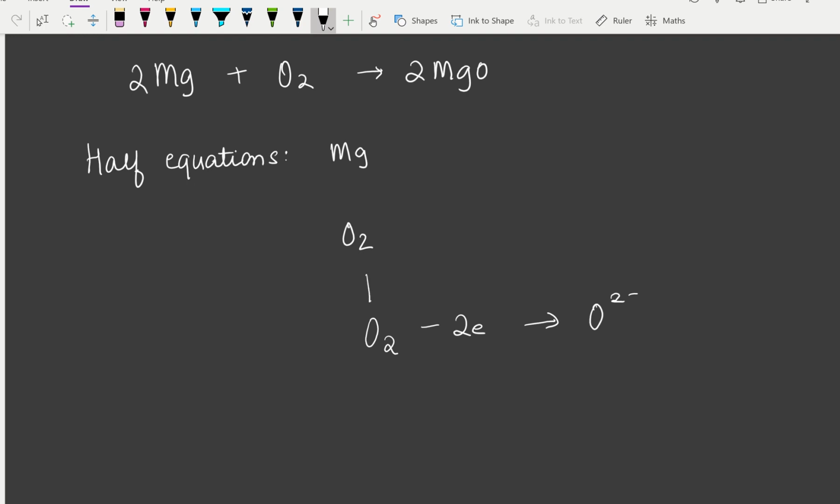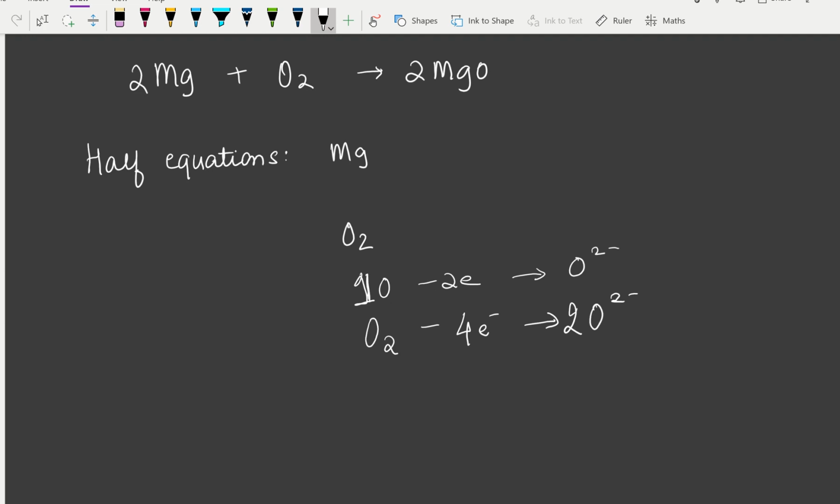So if one oxygen loses 2 electrons to form O2 minus, I will have a diatomic oxygen losing 4 electrons to form 2O2 minus. That is how it is. Now is this correct?